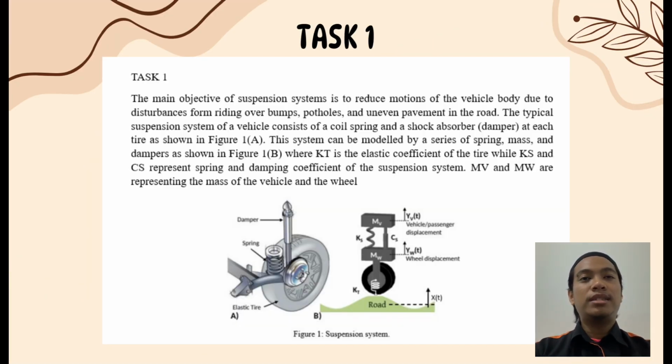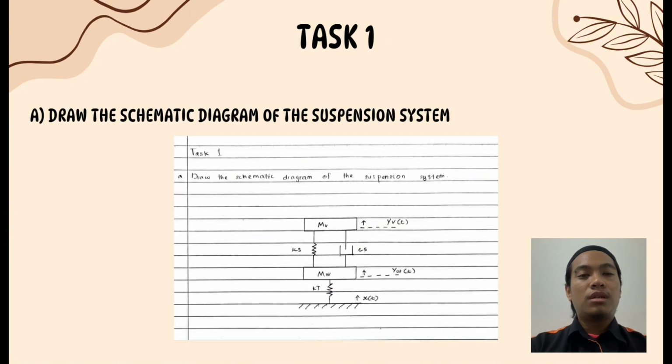So for the question in Task 1, we will be given Figure 1, which is about the suspension system. Question A for Task 1: draw the schematic diagram of the suspension system. So how to draw it?